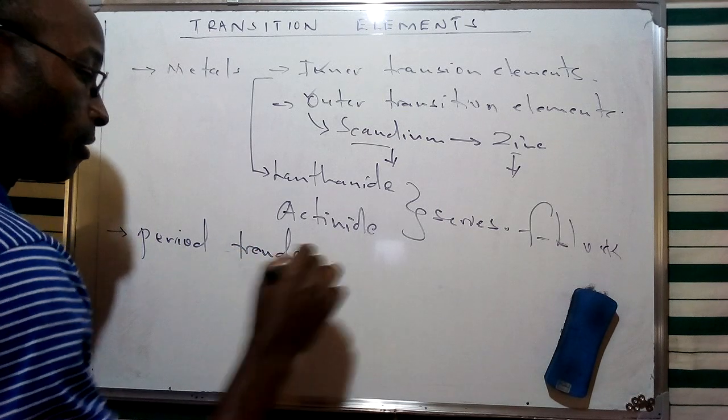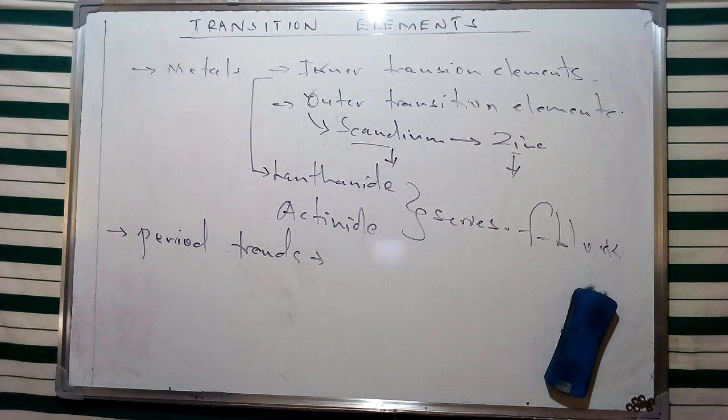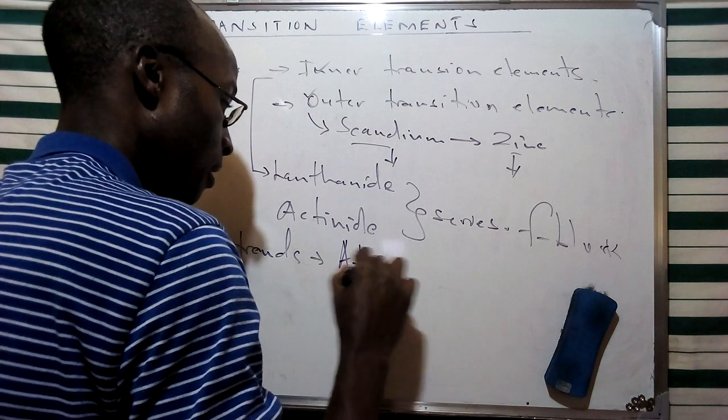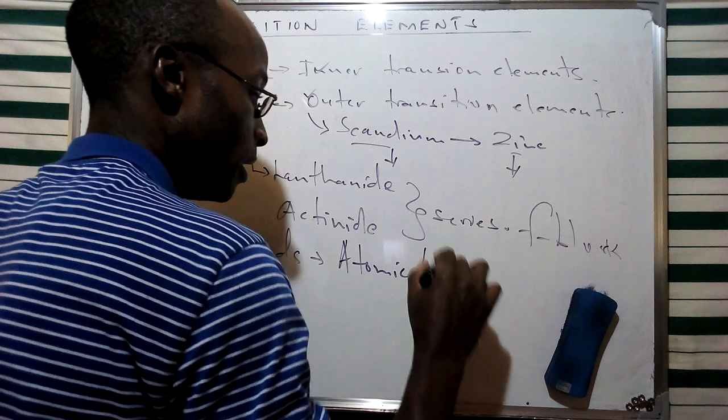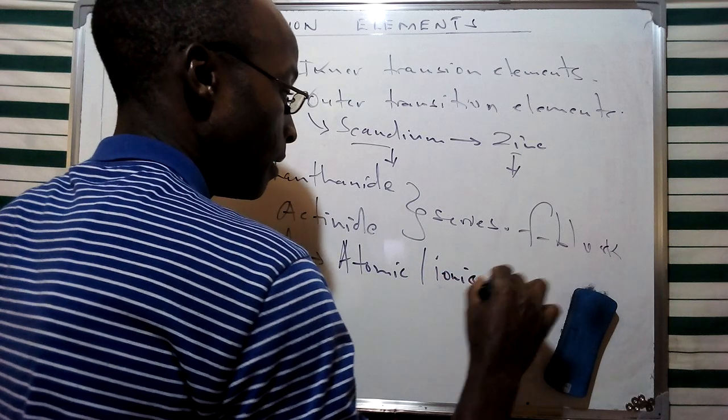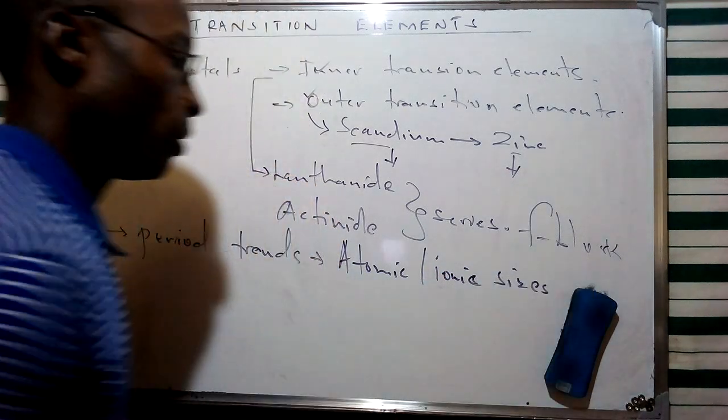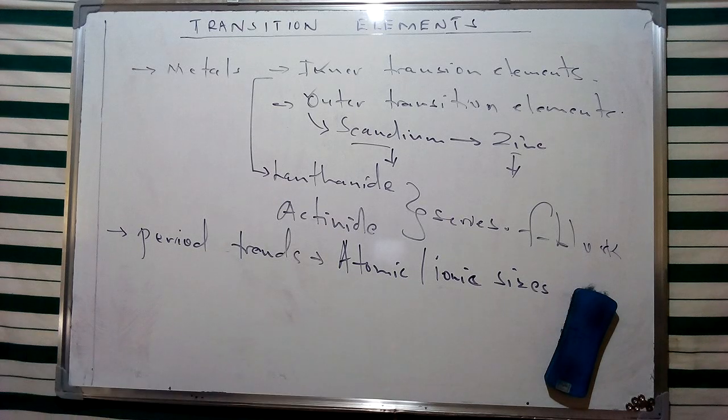Among these characteristics I mentioned the concept of atomic and ionic sizes. So we're going to look at how the atomic and ionic sizes vary across the periodic table.